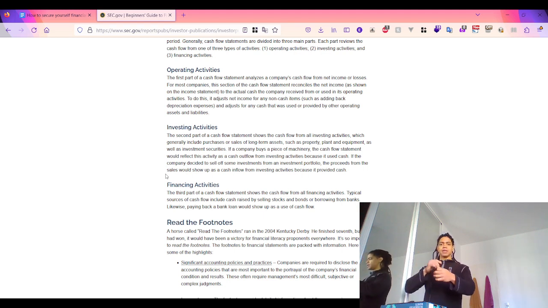However, if a company decides to purchase a property to set up a new location, let's say a new subsidiary, that activity is registered as a cash outflow because cash was used for that operation, which is pretty simple here. This is investing activities, and then I look at the financing activities.